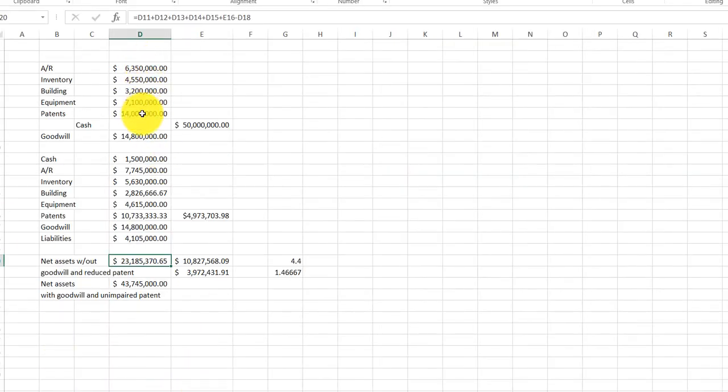This is how we would record that. These are debits to these assets. When you buy the stock of a company, you buy all of its assets. You paid cash, and to make it balance, the difference is goodwill. That's how goodwill is determined: the difference between what you paid and the fair value of the assets that exist.